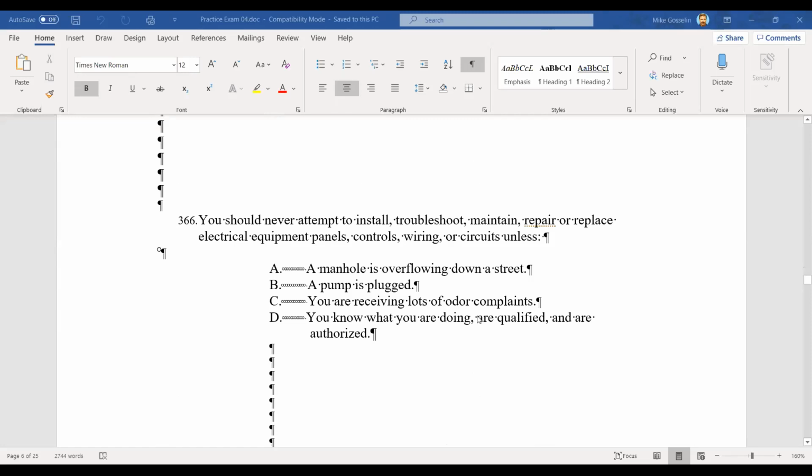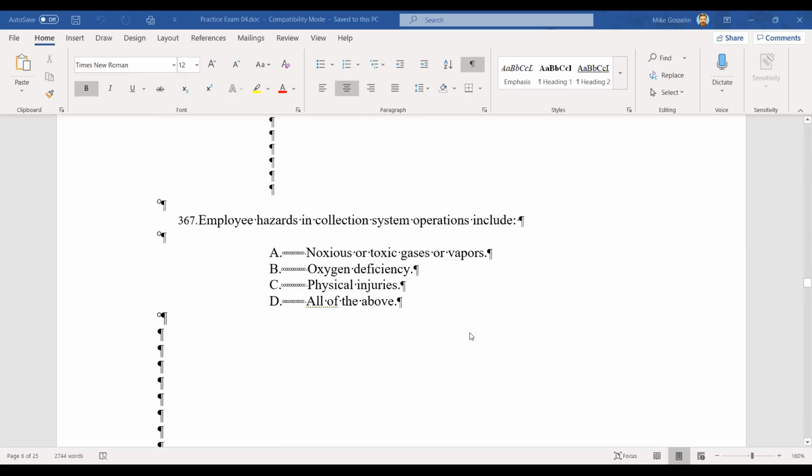You should never attempt to install, troubleshoot, maintain, replace, or repair electrical equipment panels, controls, wiring, or circuits unless... Good answers, everyone.